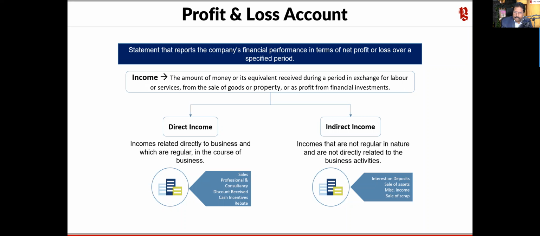We will take examples of what kind of expenses we will treat as direct expenses and indirect expenses. So this gives you an idea of the income side of your profit and loss account, and any revenue the company earns. Now I hope you will be clearer to put them in the right baskets.